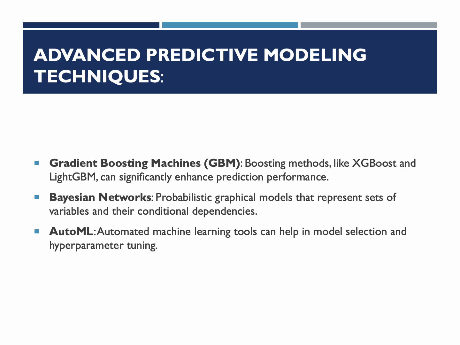Now next is Bayesian networks. Bayesian networks are probabilistic graphical models that represent sets of variables and their conditional dependencies. They use the concept of Bayesian probability to update beliefs based on evidence, making them ideal for situations where decisions need to be made in the face of uncertainty.